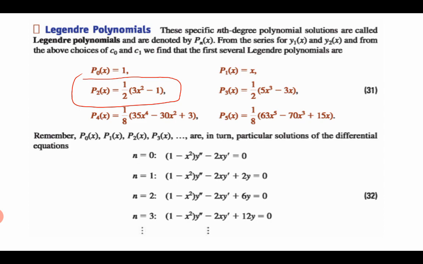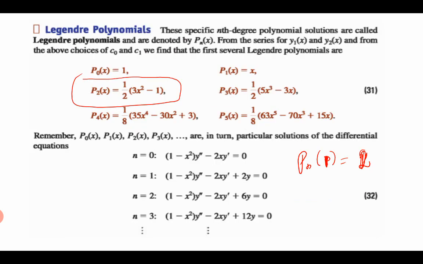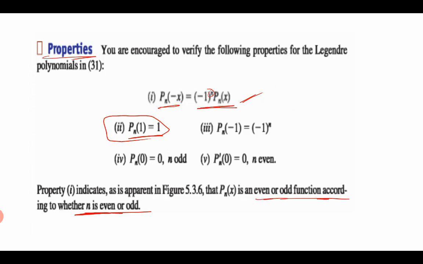So Pn of 1, whatever the n, wherever you substitute x equal to 1, it will be 1. Check the property one more time. X equal to 1, the answer is 1. So wherever you find P6, P7, P8, wherever you put x equal to 1, the answer will be 1. You can check every property here.